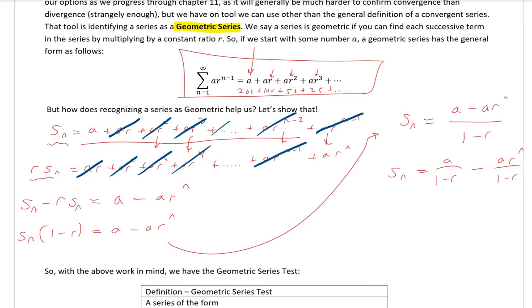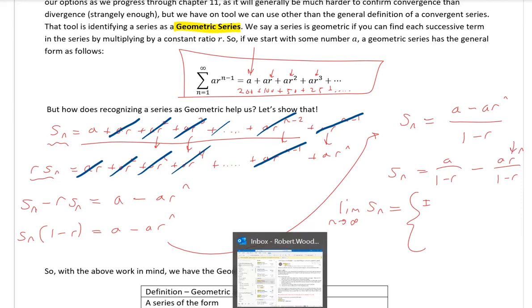Because now I can try to think about what happens as n approaches infinity. So if I have the limit as n approaches infinity of s sub n, well, I have a couple cases here. And the case will depend on what r is.